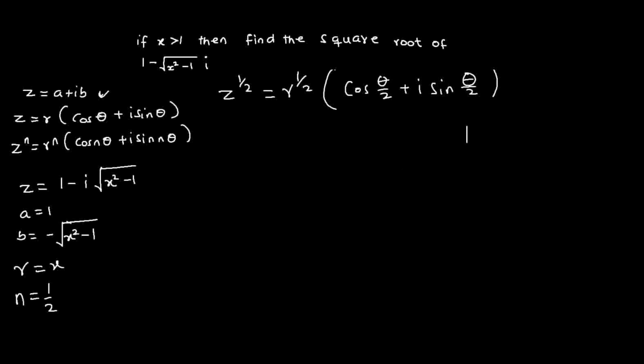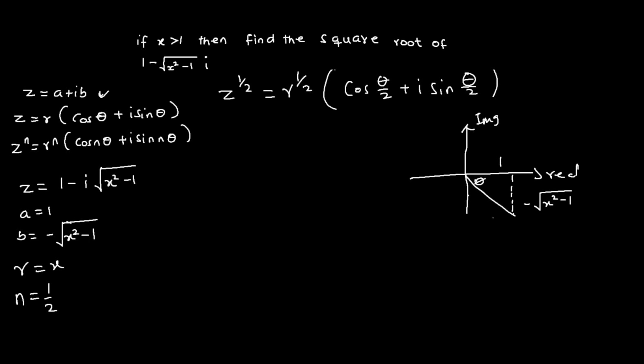So let's look at this. When I draw this complex number on the Argand diagram, this is the real axis and this is the imaginary axis. I have 1 here and the other value here. This is the argument. So this will be minus the square root of x squared minus 1.